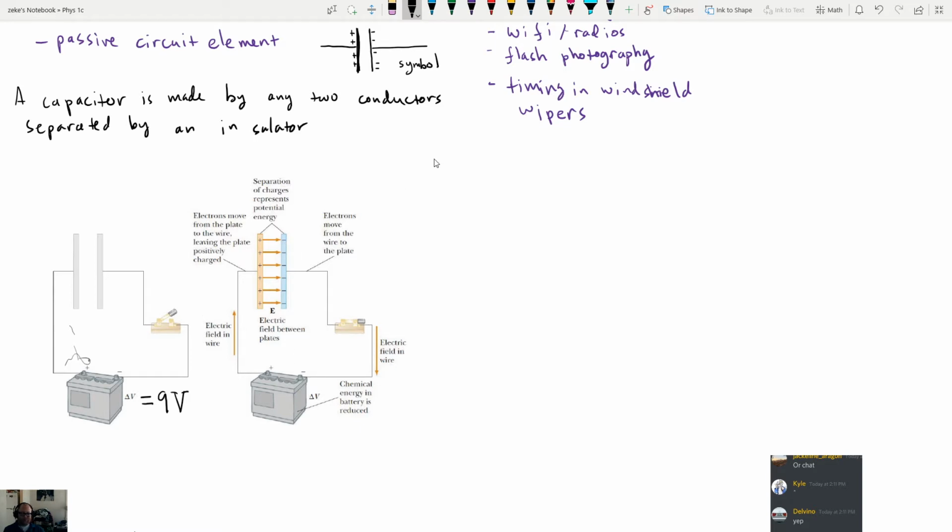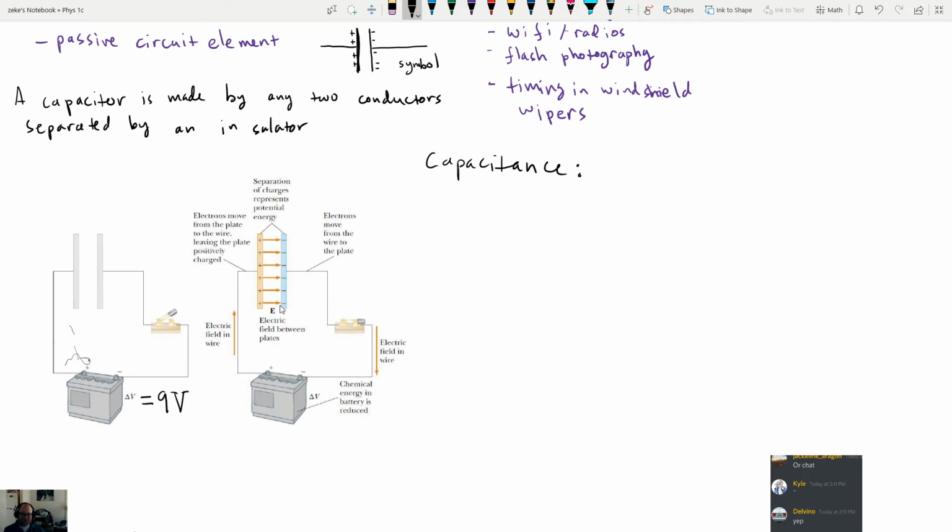So we want to define what capacitance is. And what we can say is that we know the potential difference between these plates is proportional to the electric field between the plates, and that the electric field is proportional to the charge on the plates, which means that the charge on the plates is directly connected to the voltage.